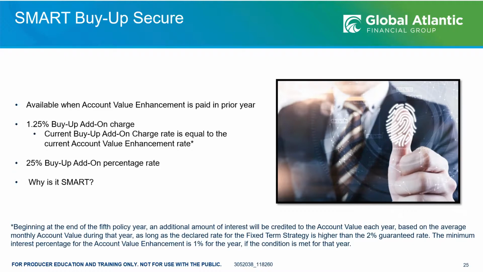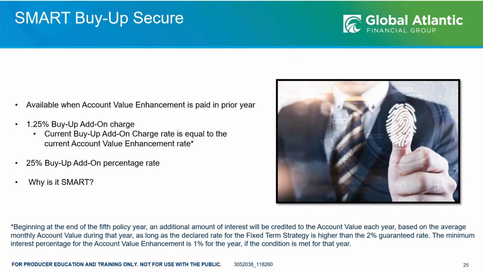That also happens to be equal to the current account value enhancement rate. As I talked about earlier, the account value enhancement is a straight flat percentage multiplied by the account value. So 1.25% times the account value is your account value enhancement rate, and your asset-based charge is 1.25% multiplied by the index account value.